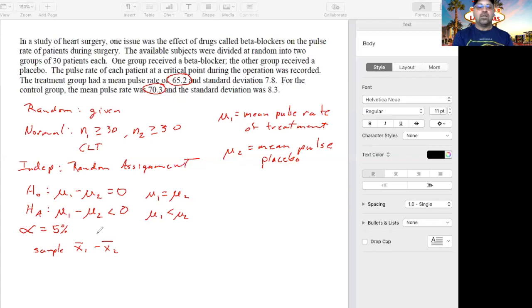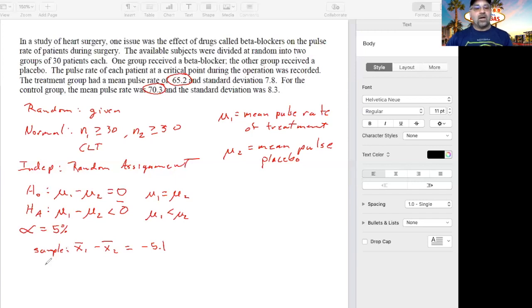For this one, I have 65.2 minus 70.3. I'm just doing that on my calculator to show that I have a negative 5.1 difference of sample means.